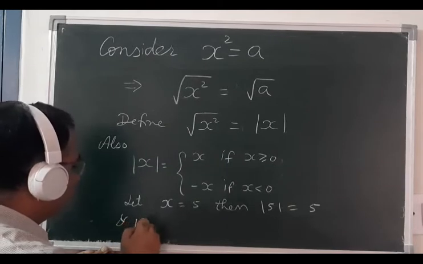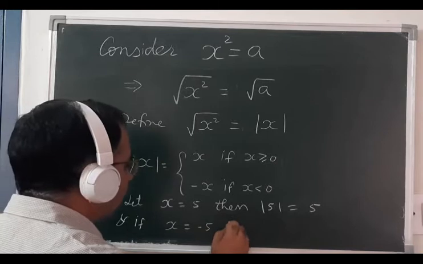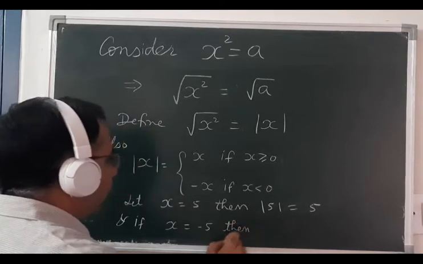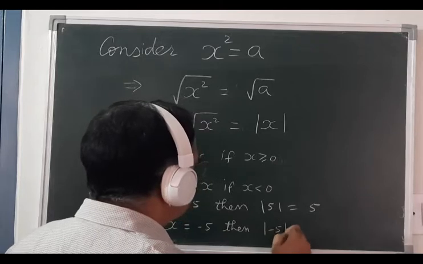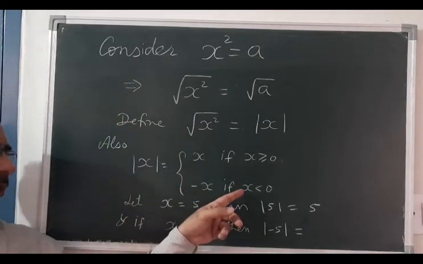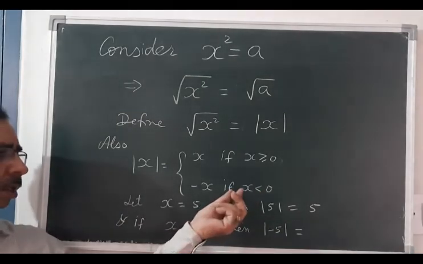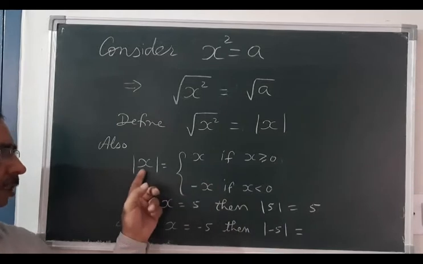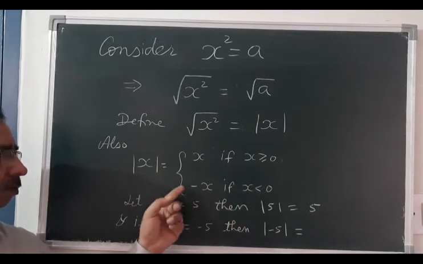And if x is equal to minus 5, then mod of minus 5, now use this definition. When x is less than 0, and minus 5 is less than 0, mod of x will be the negative of that number.